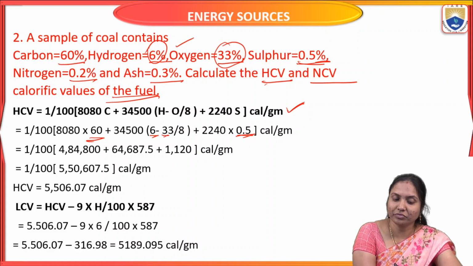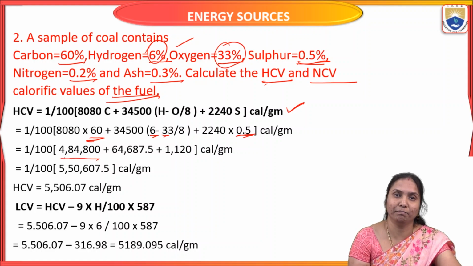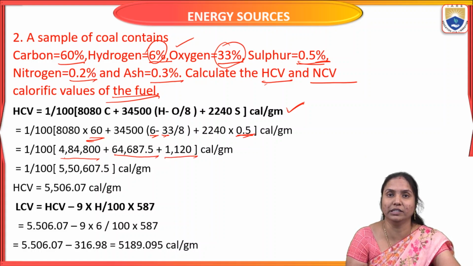So after calculation you get 1 by 100 into 4,84,800 plus 64,687.5 plus 1,120 after substitution in this formula.